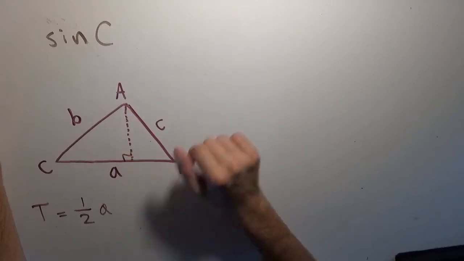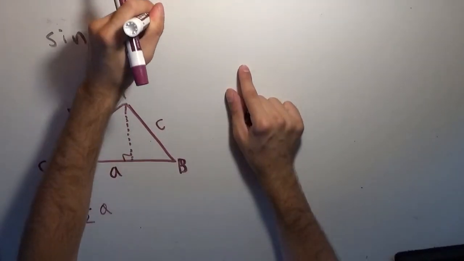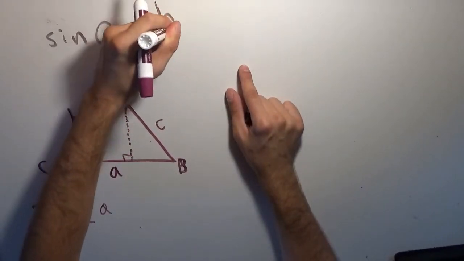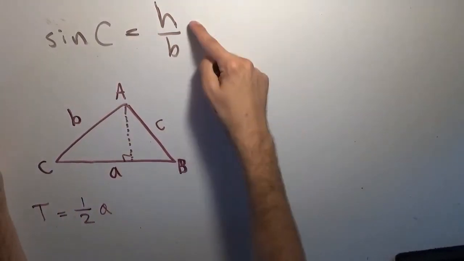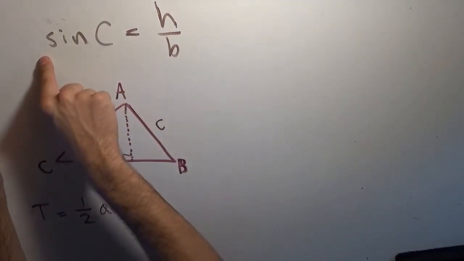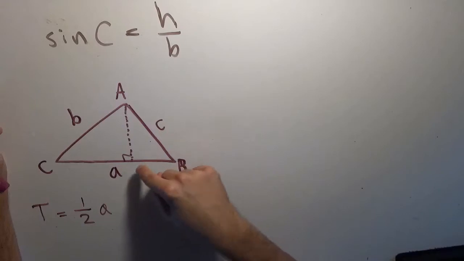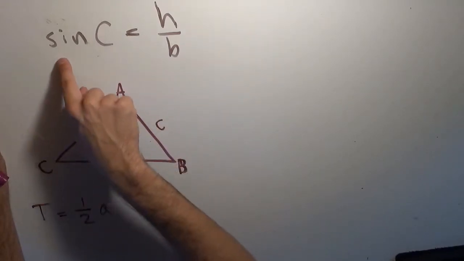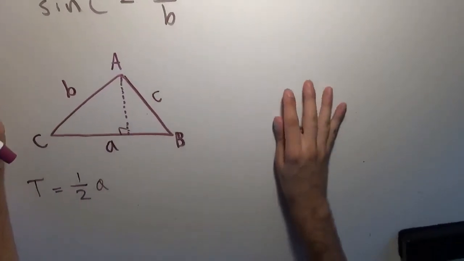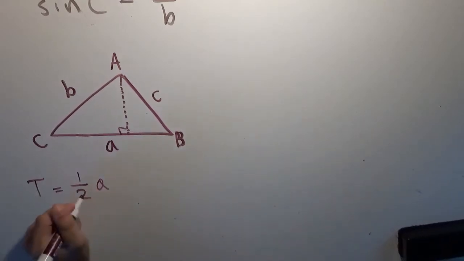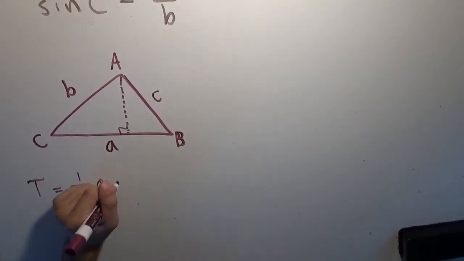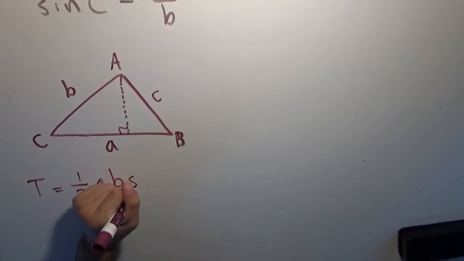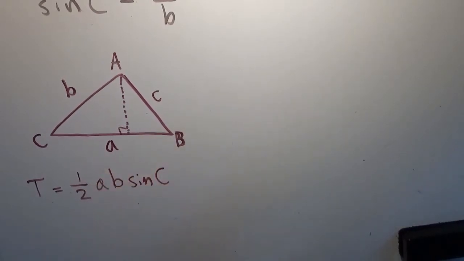Opposite over hypotenuse. So this is equal to the height that we want, which I'll call h, divided by little b. So to solve for the height, we simply have to multiply the b over, right? So we get that the height of the triangle is equal to little b times the sine of capital C. So the area of this triangle is 1/2 times little a times little b times the sine of capital C, right?